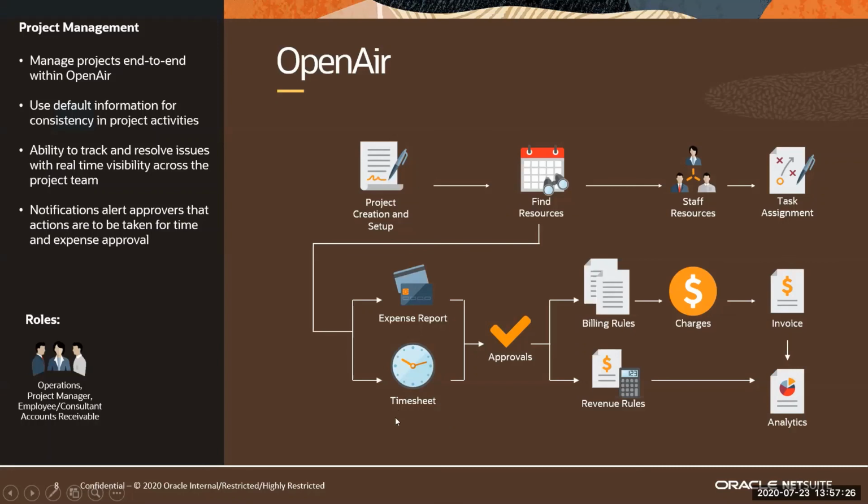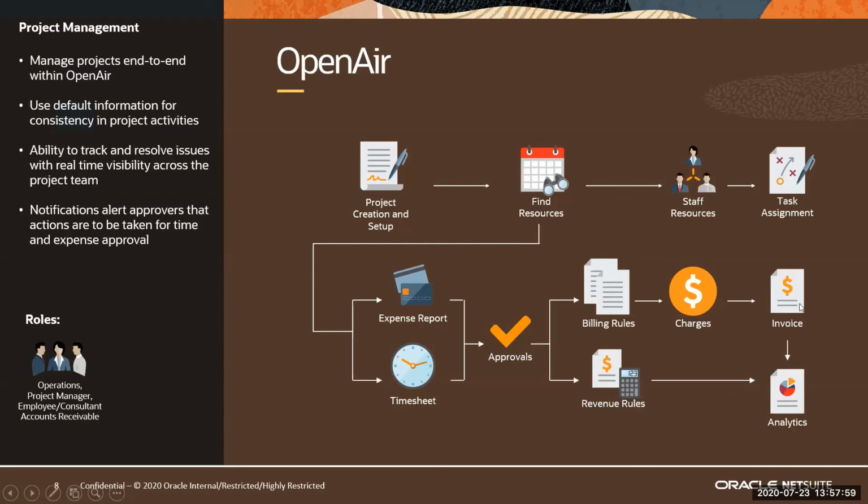I went through the mobile component, but within the native Open Air functionality, we do have timesheet and expense reporting capabilities. I did want to make you aware of that. The mobile is just something that I wanted to demonstrate mainly because of the ease of use, and it's very intuitive. The project accounting piece, again, the key components here are the billing rules, the revenue recognition rules, the billing engine, revenue recognition engine, where you can schedule that, it generates the charges.